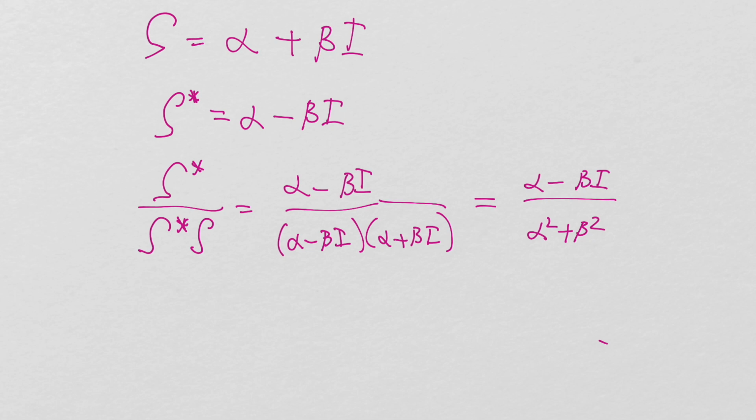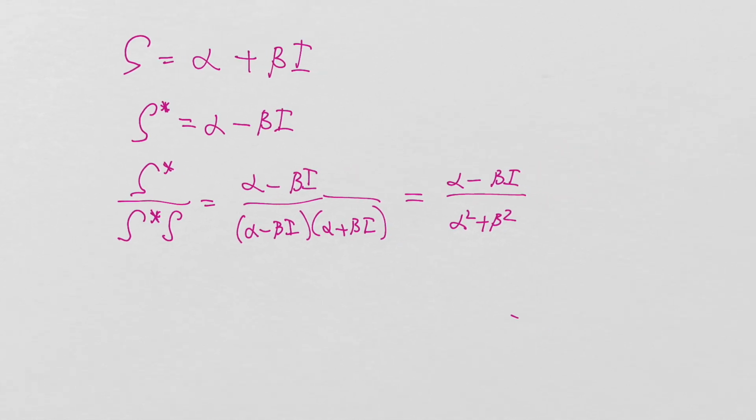And then you end up with alpha minus beta I at the top. And it's pretty obvious that if you multiply this times alpha plus beta I, which is zeta itself, this is all going to end up equaling 1. So that's pretty clear.